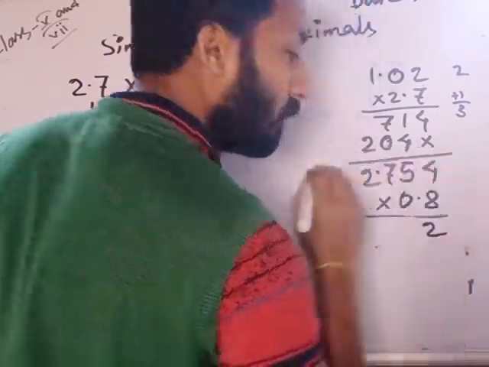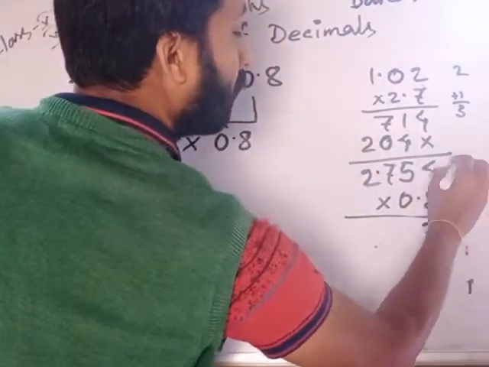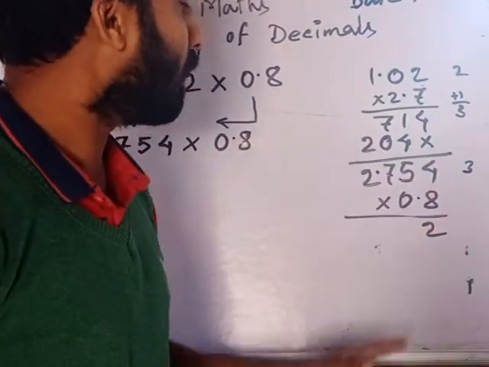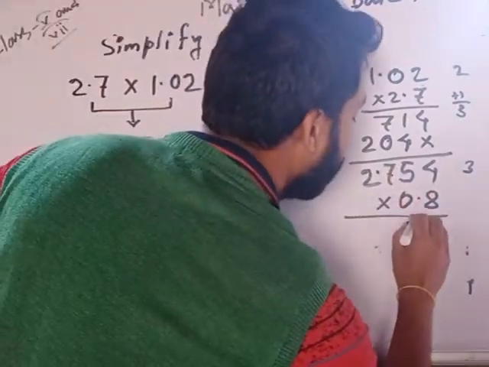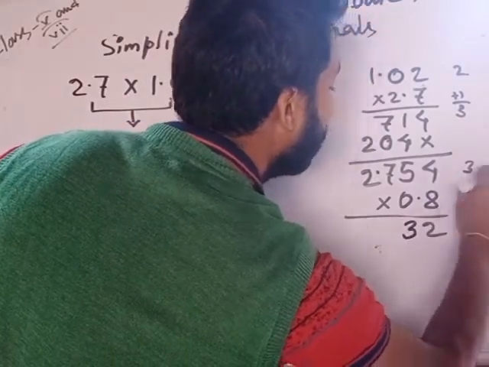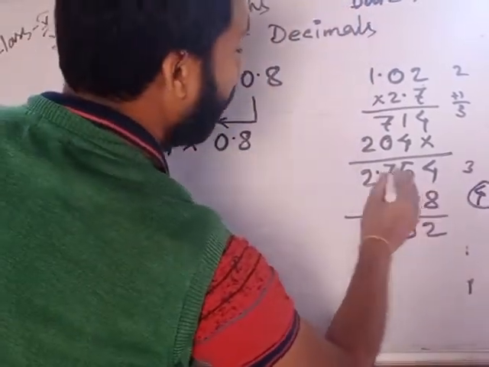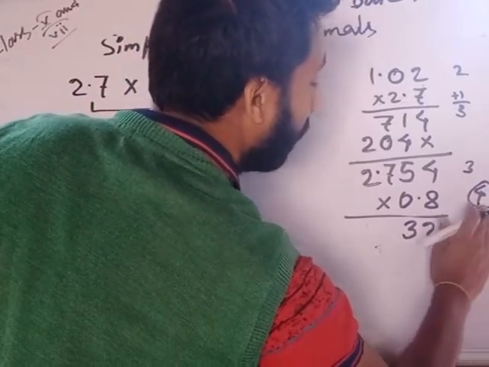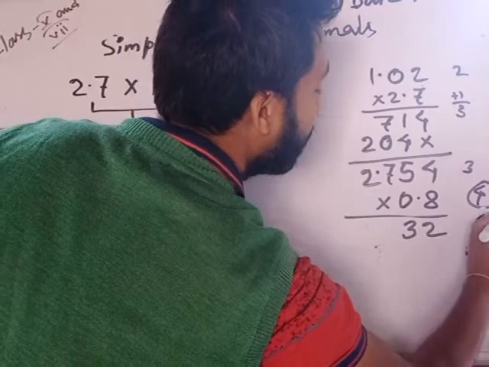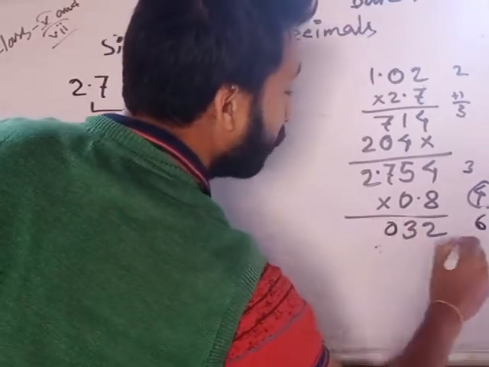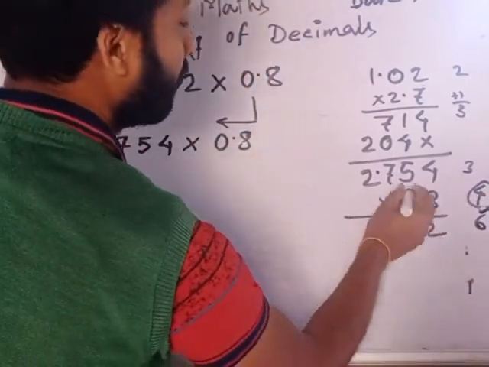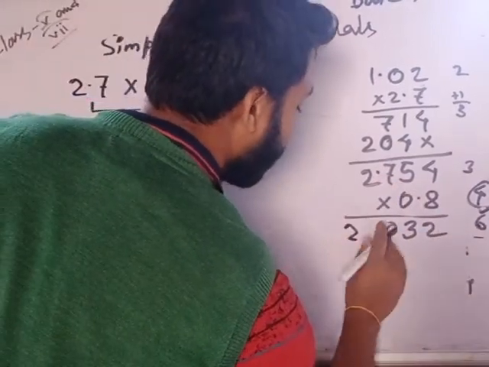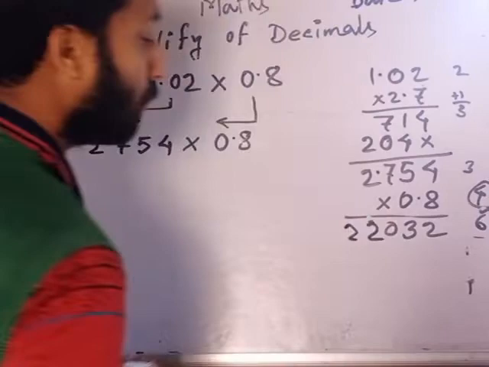So we should write here 2. 3 goes in the next left. 5 8s are 40 plus 3, that is 43. So 4 carries in the next left. 7 8s are 56 plus 4, that is 60. So we should write here 0. 6 carries in the next left. 8 2s are 16 plus 6, that is 22. So we should write here 22.